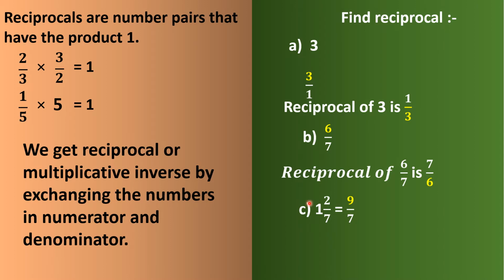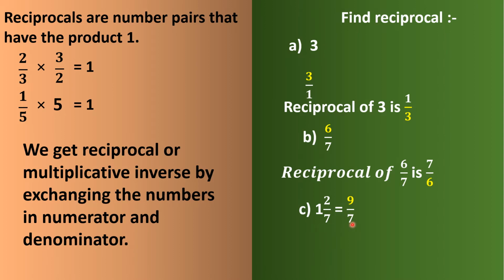Let us take one more example. Here is a mixed fraction 1 and 2 by 7. At first convert it into improper. I already told you whenever the question is in the form of a mixed number, you need to convert it into an improper one. 7 ones are 7 plus 2, 9 by 7. It is the improper fraction for this mixed number.